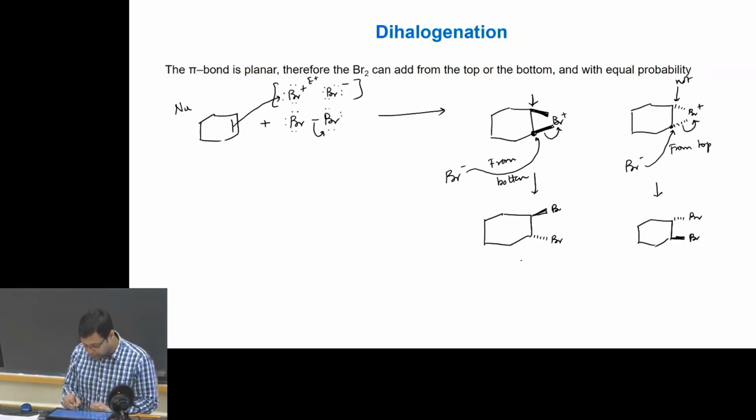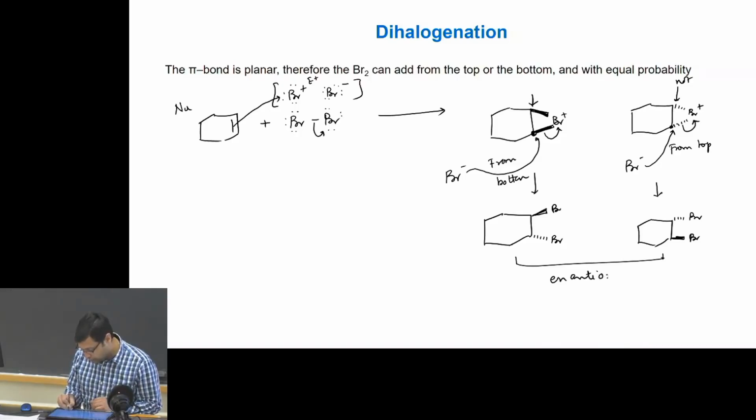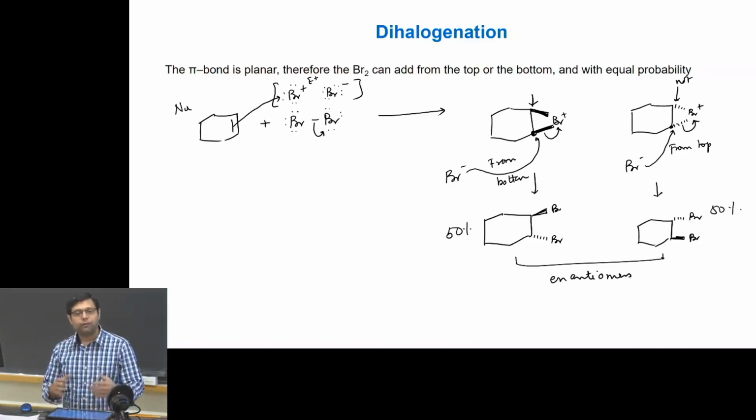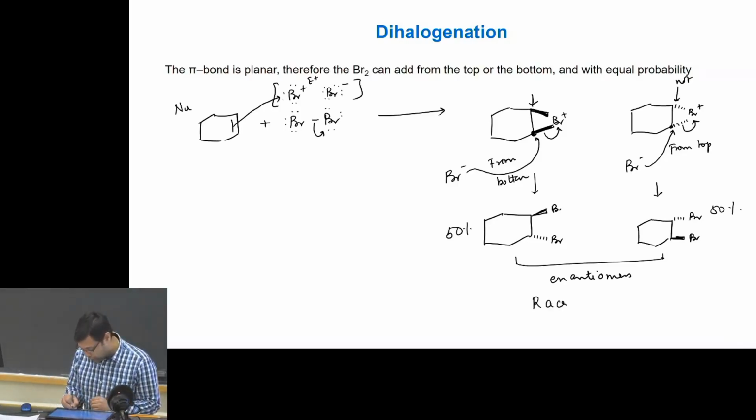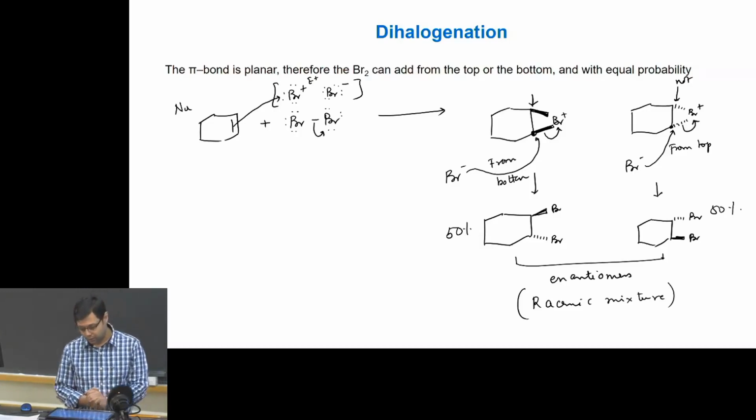Right. So these are the two products you will form in equal amounts. These two are enantiomers. And you will form 50% of this and 50% of this. Right. And a 50% enantiomer mixture is called a racemic mixture. A racemic mixture behaves achiral. Always keep that in mind. All right.